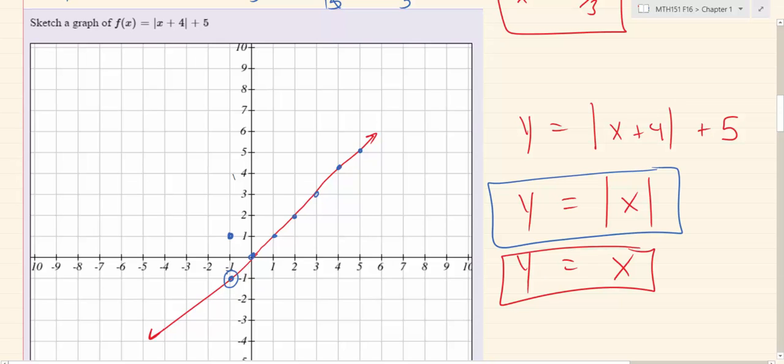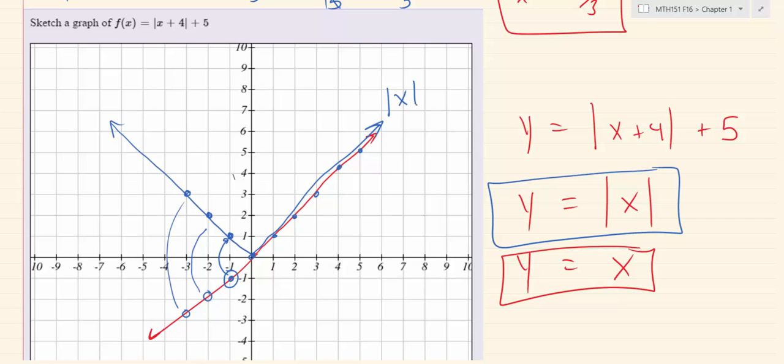So this point gets bounced up here. The negative 2 gets bounced up to positive 2. The negative 3 gets bounced up to positive 3. The absolute value takes negative y coordinates and makes them positive. This blue line is the graph of the absolute value of x. So the basic graph of an absolute value is a V.